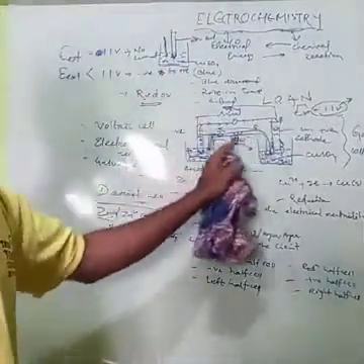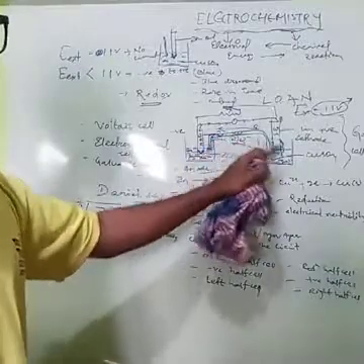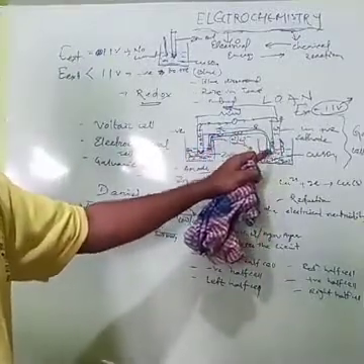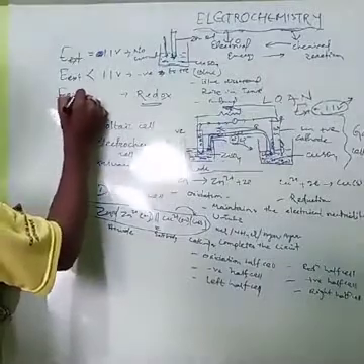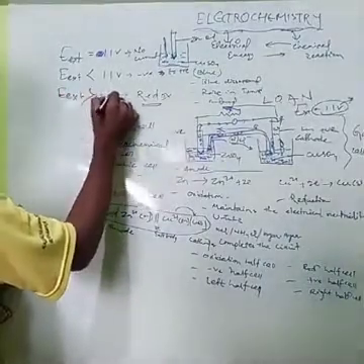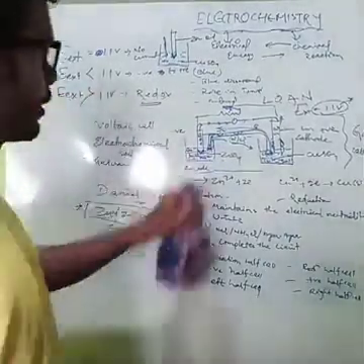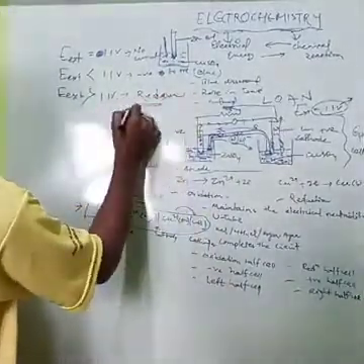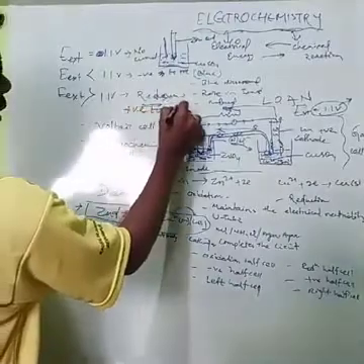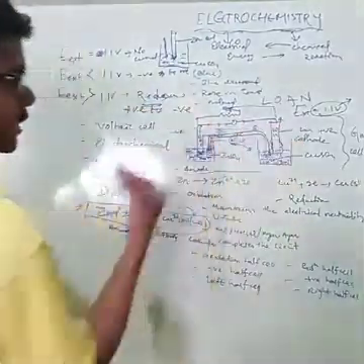If E external is more than 1.1 volt, then it will be reverse, that is positive to negative, from this side to this side.